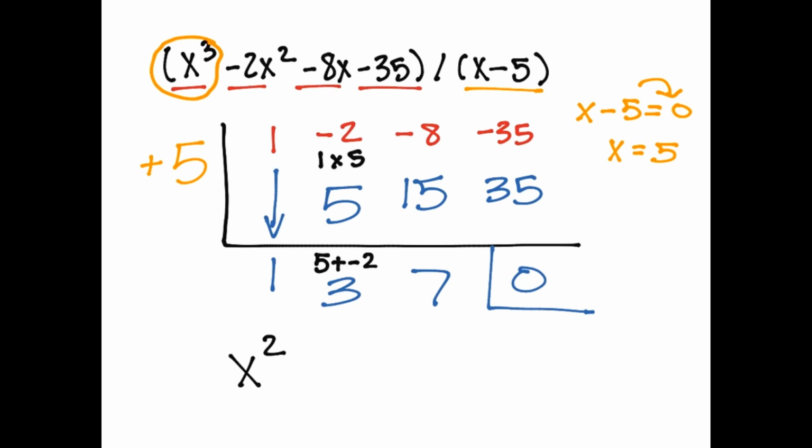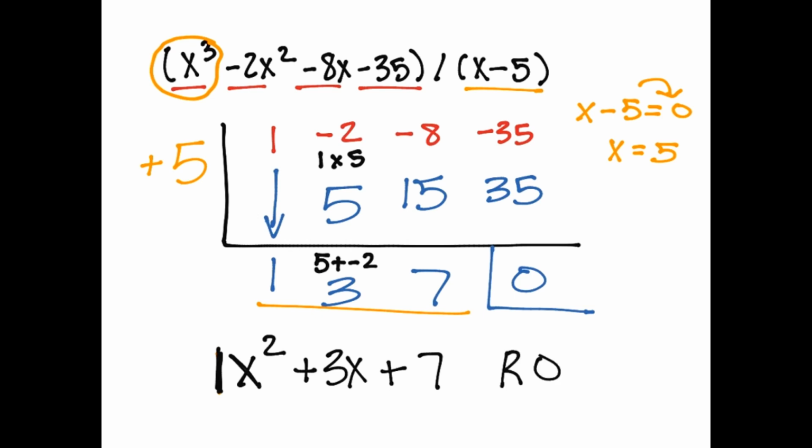And we can then take the numbers that we get down here and put them in front. So here, our final answer will be 1x squared plus 3x plus 7 with a remainder of 0. So this here is our final answer.